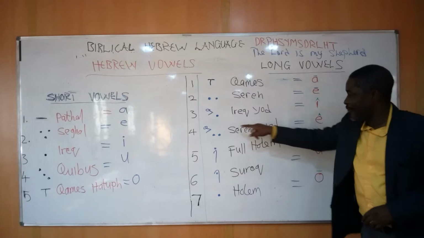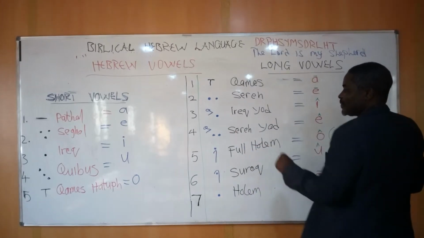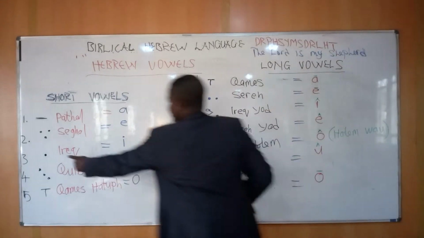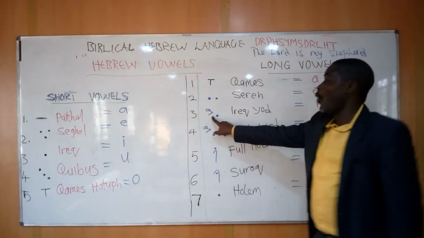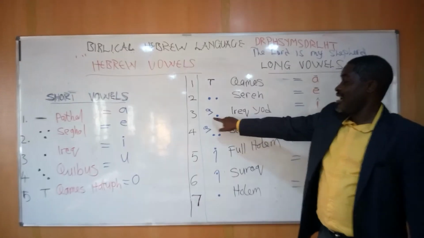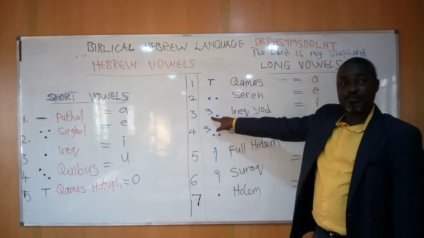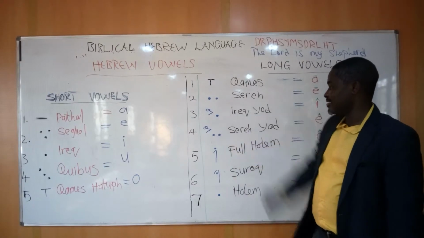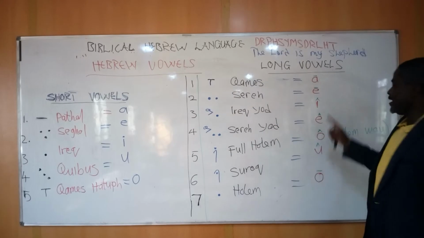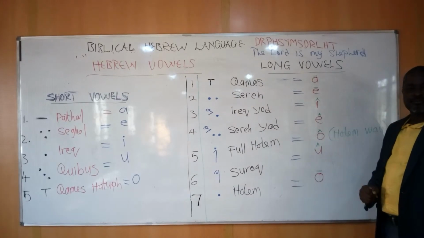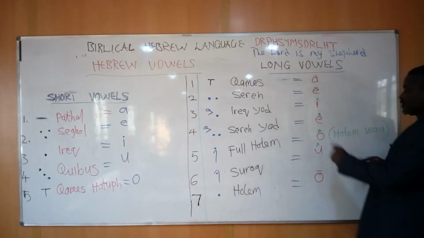Then you have hiriq yod. Now you see that hiriq yod is a combination of hiriq and yod, which is one of the Hebrew letters, so it makes it a long vowel. The sign on top of it shows the long.